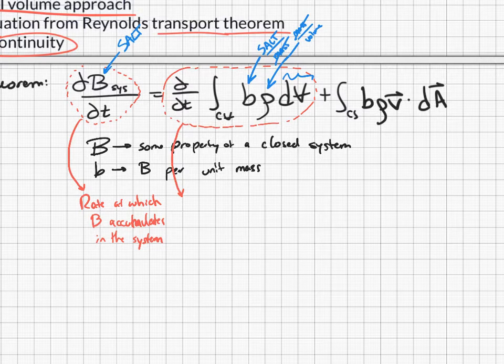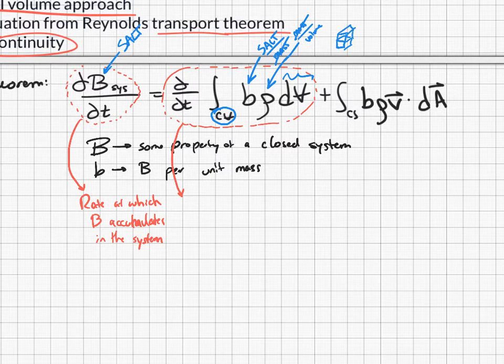Basically I'm going to multiply it by the volume of a tiny little section. But then I'm going to integrate over my entire control volume. So basically I'm adding up all of these little volumes.